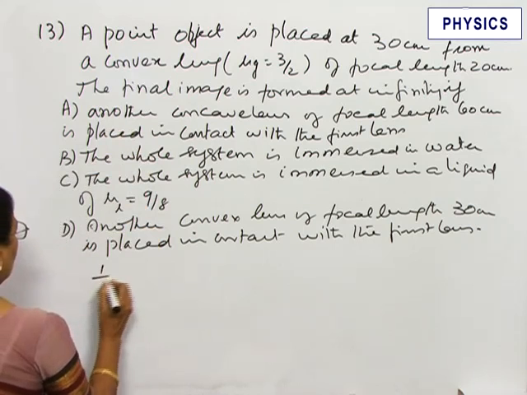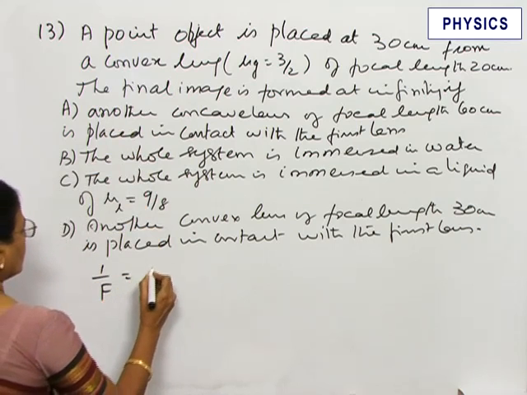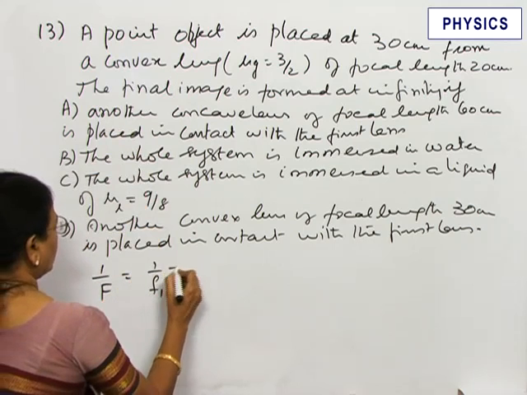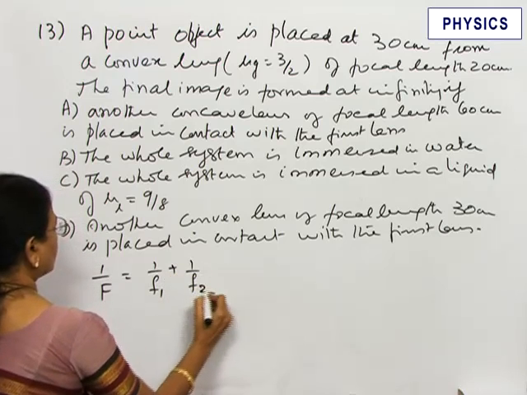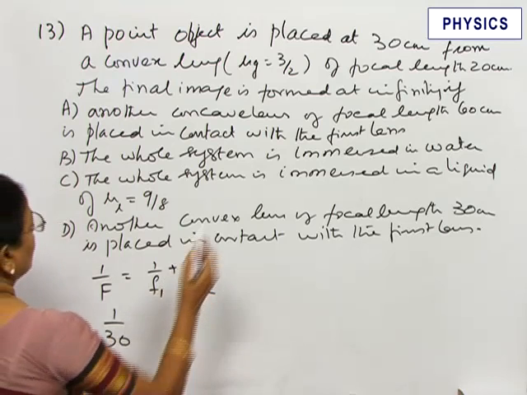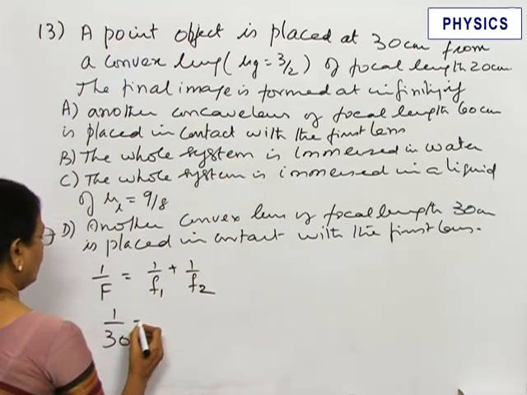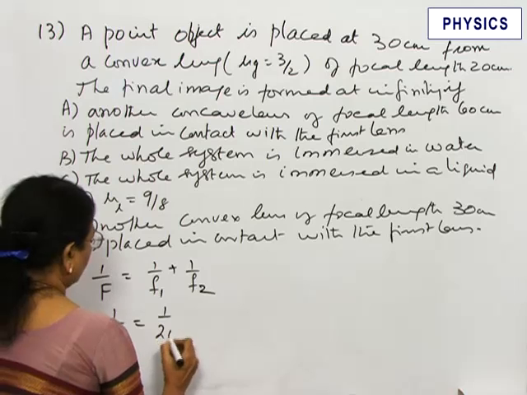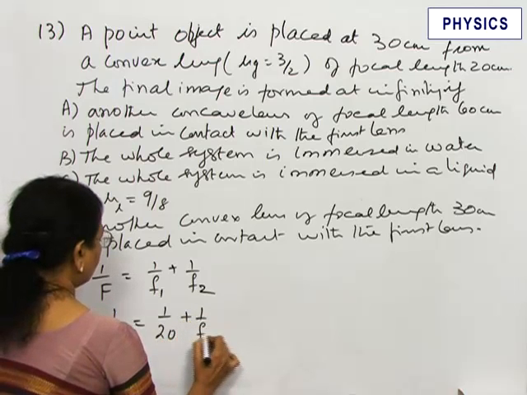We know when lenses are in contact, 1 by f is given as 1 by f1 plus 1 by f2. Now this must become 30 because the object distance must become the focal length. So 1 by 30 is 1 by 20 plus 1 by f2.